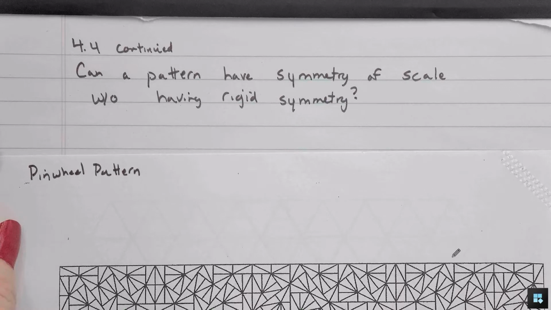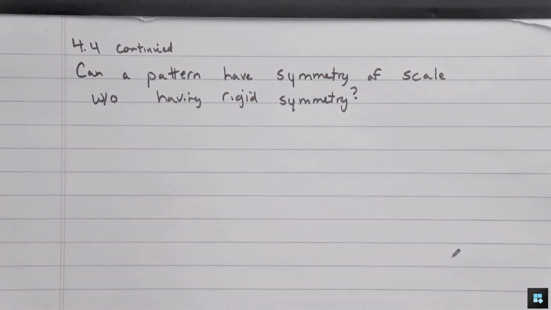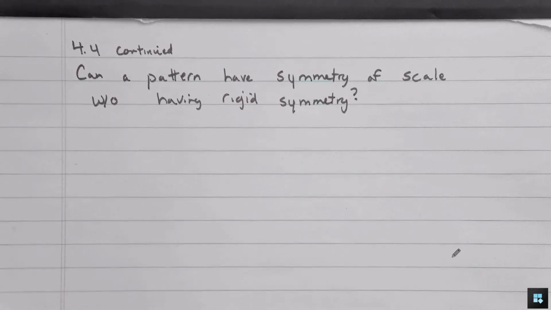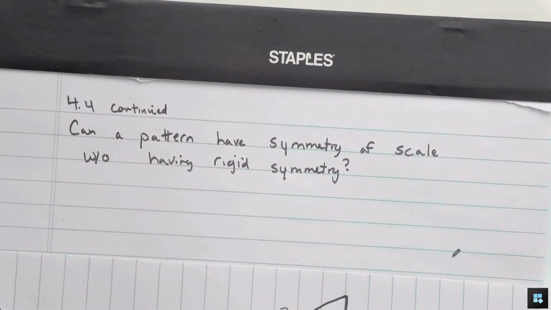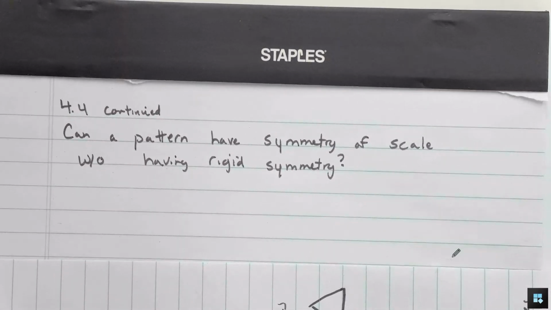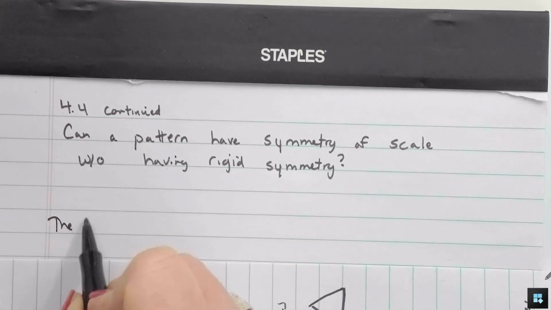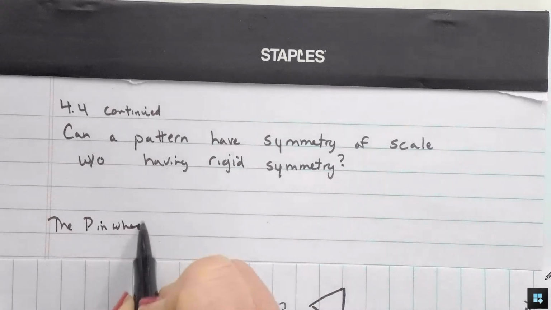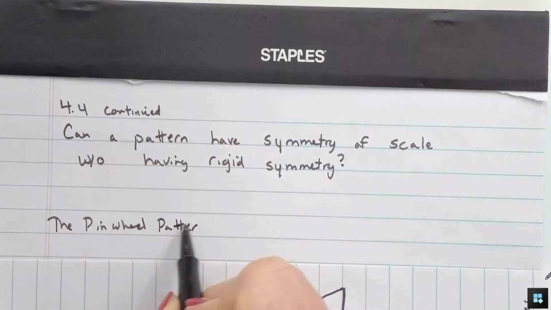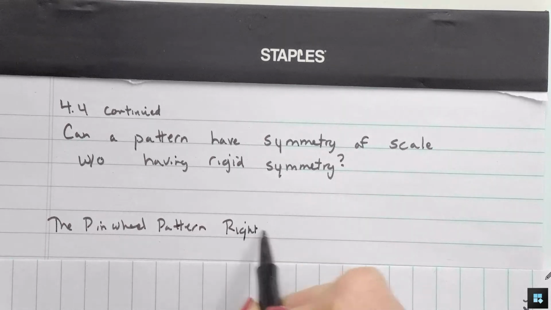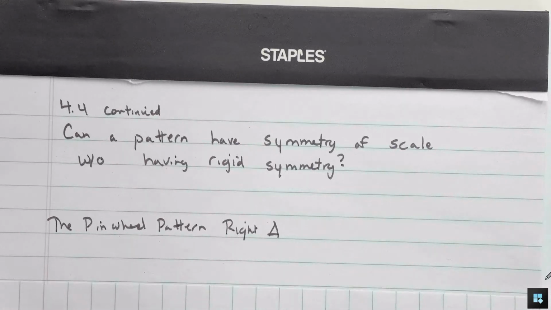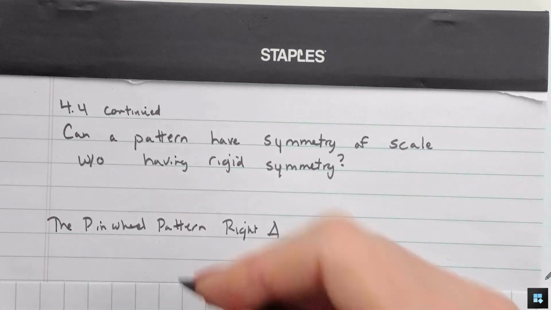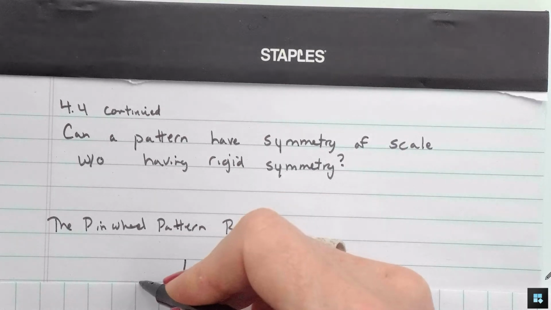So let's go ahead and draw that right triangle and see how it's constructed. Use a ruler or graph paper, or I'm going to use lined paper as a ruler because I think all of you have lined paper, even if you don't have graph paper. We're going to look at the pinwheel pattern right triangle. It is 1 unit tall and 2 units wide.